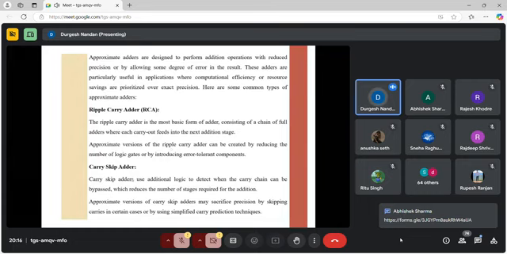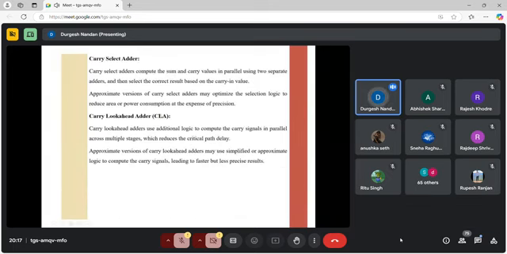Another type of popular adder is the carry skip adder. We can develop the approximate version of the carry skip adder also, by sacrificing precision by skipping carries in certain cases or by using simplified carry prediction techniques. Another one is the carry select adder.